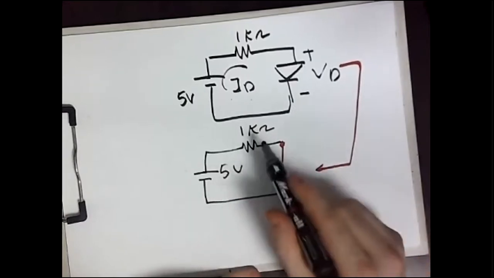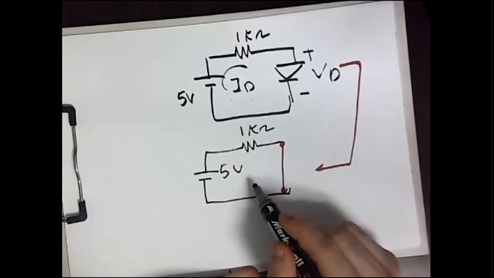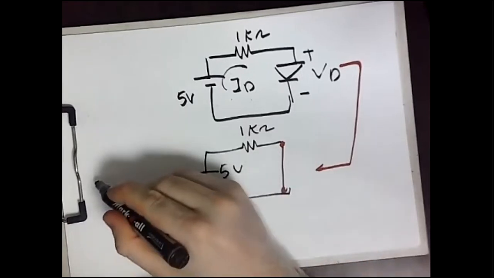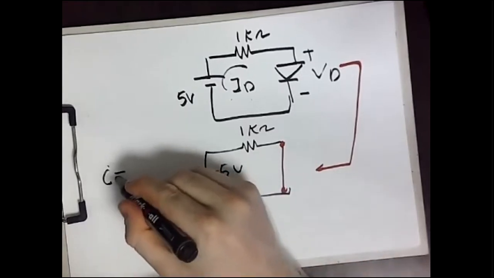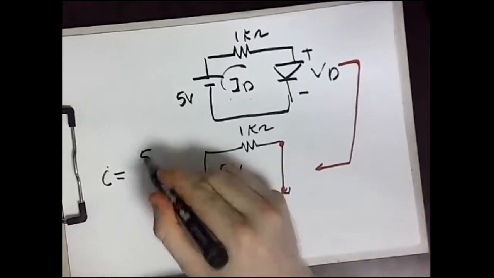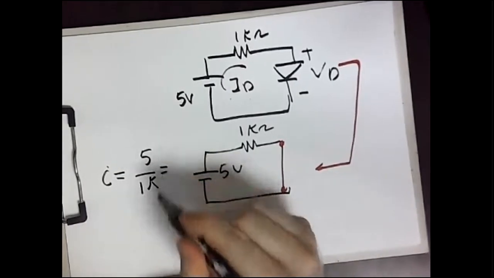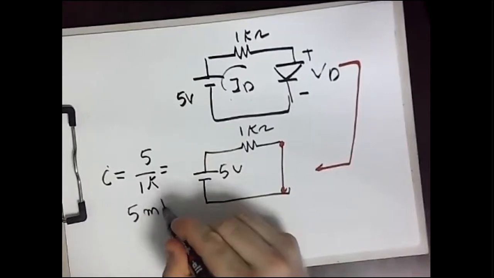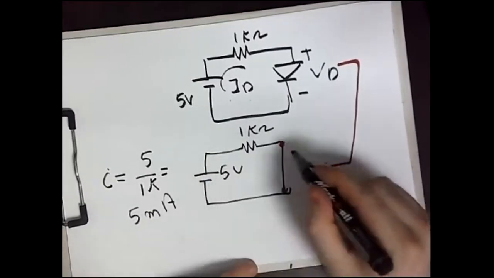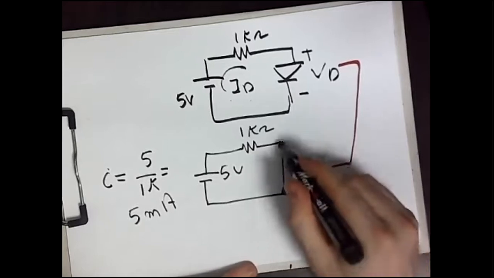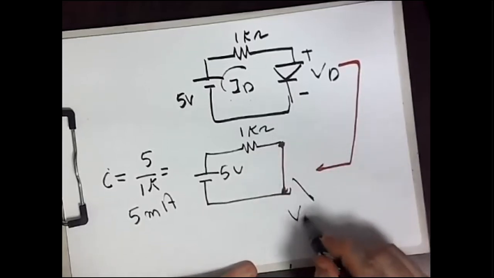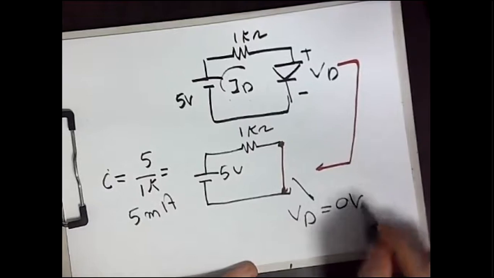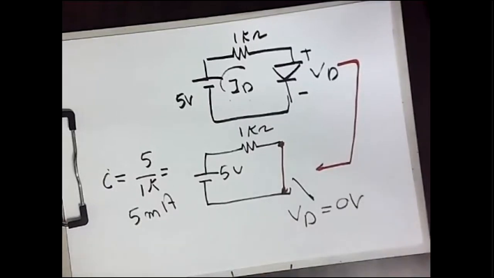You have 5 volts, 1 kilo ohm, and then the current flowing equals 5 over 1 kilo, so you have 5 milliamperes. And the voltage drop over the diode, it's a short circuit, so V_D equals 0 volts. So this is the first solution. We will keep this slide because we will return to it later on.